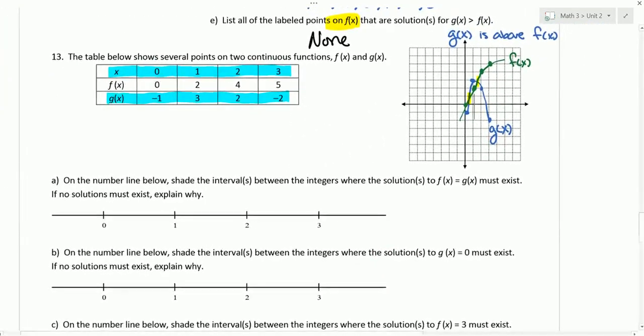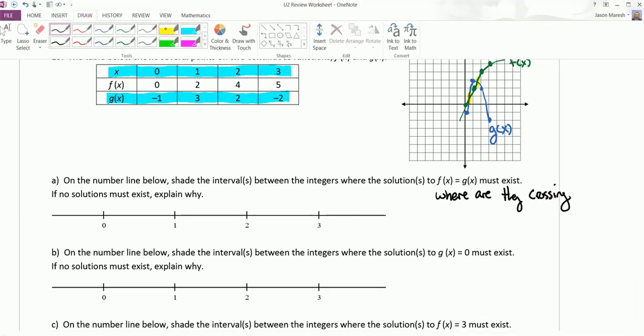So A says on the number line below, shade the interval or intervals between the integers where the solutions to f of x equals g of x must exist. If no solutions must exist, explain why. So remember, when you're setting functions equal to each other, that's asking where are they crossing each other. Okay, and we're going to shade where we think they're crossing.